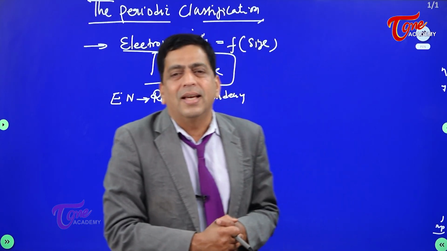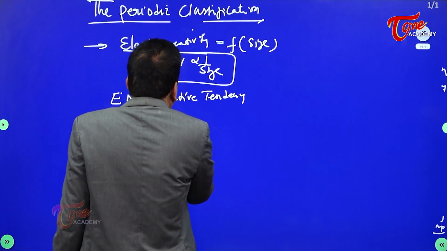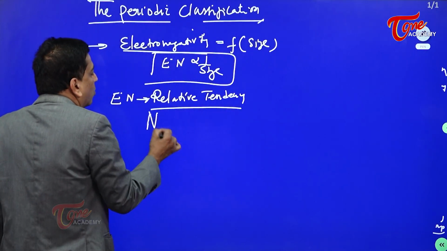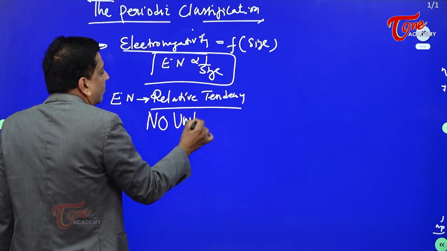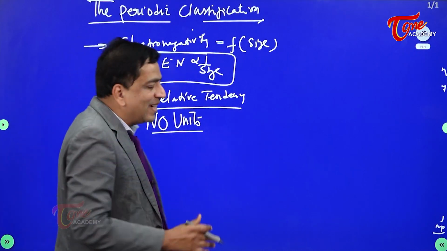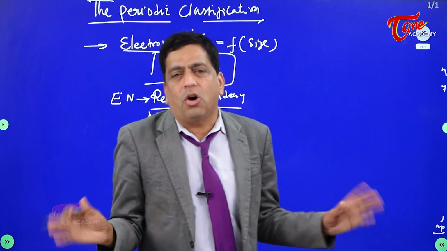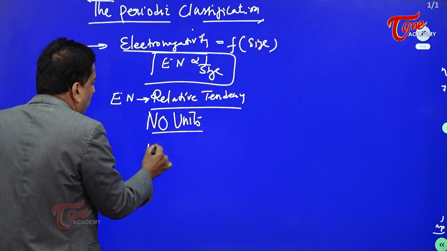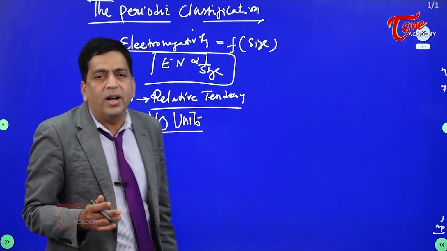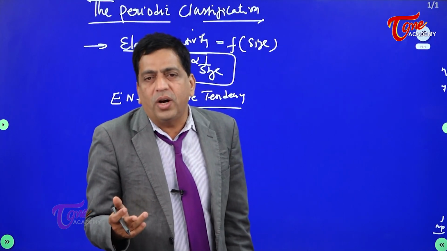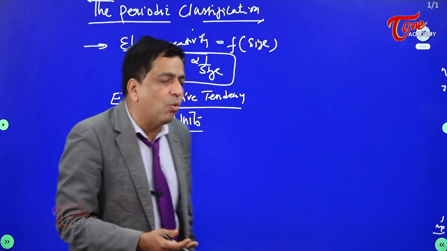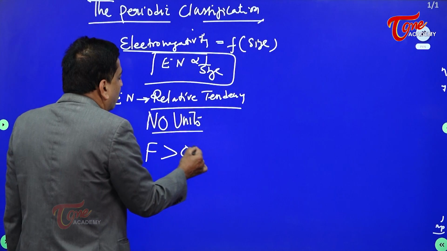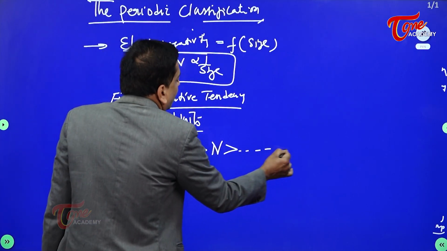And tendency has absolutely no units, so they are assigned numbers. The highest electronegative element is fluorine. After fluorine it is oxygen, and then comes nitrogen, and so on.